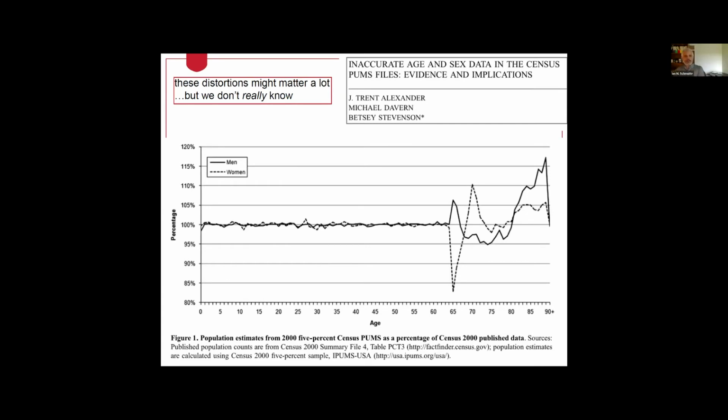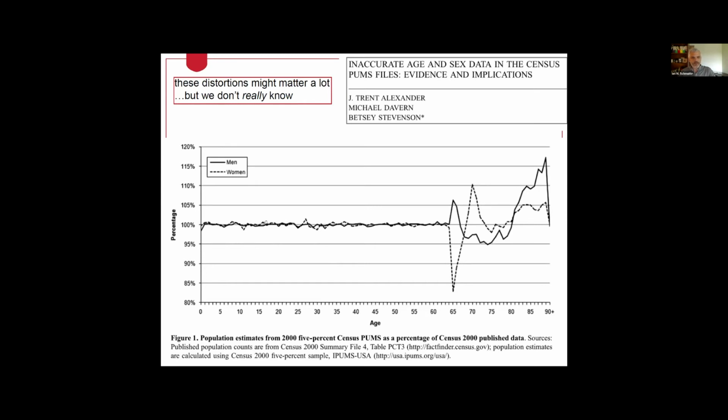The way that these protection mechanisms work, they should be implemented the same way on the data that are used to generate the 100% tables as on the public use microdata sample. And so that means that, up to sampling error, the estimates from the public use microdata sample and the published tabulation should agree. And that's the case for men and women whose ages fall below about 64.